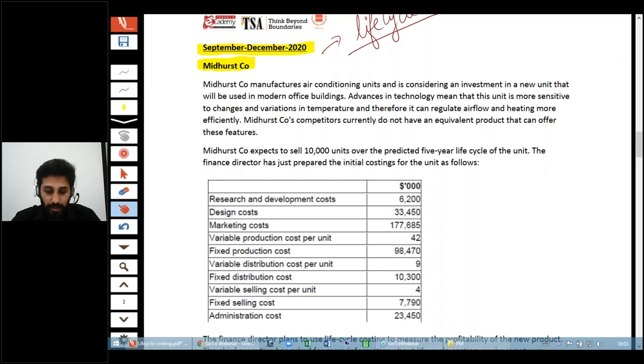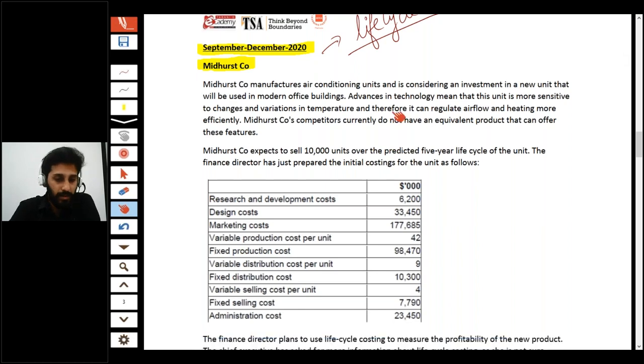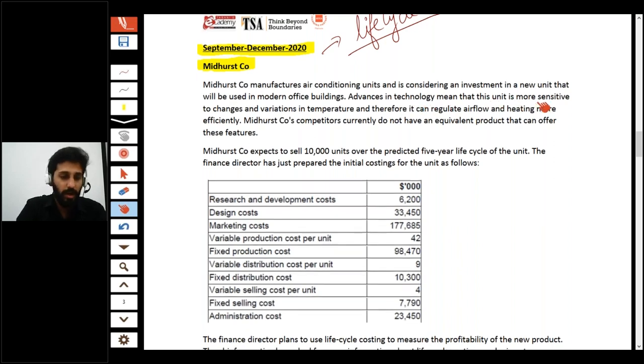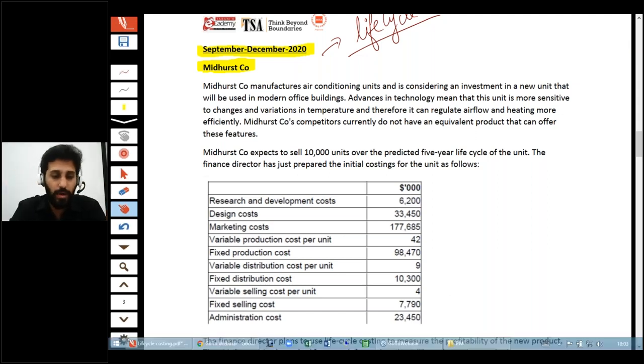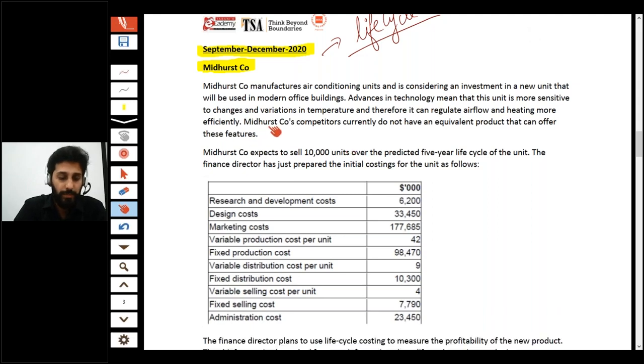Now I'm going to read this from the start. Midas company manufactures air conditioning units and is considering an investment in a new unit that will be used in modern office buildings. Advances in technology mean that this unit is more sensitive to the changes and variations in the temperature, and therefore it can regulate airflow and heating more efficiently.